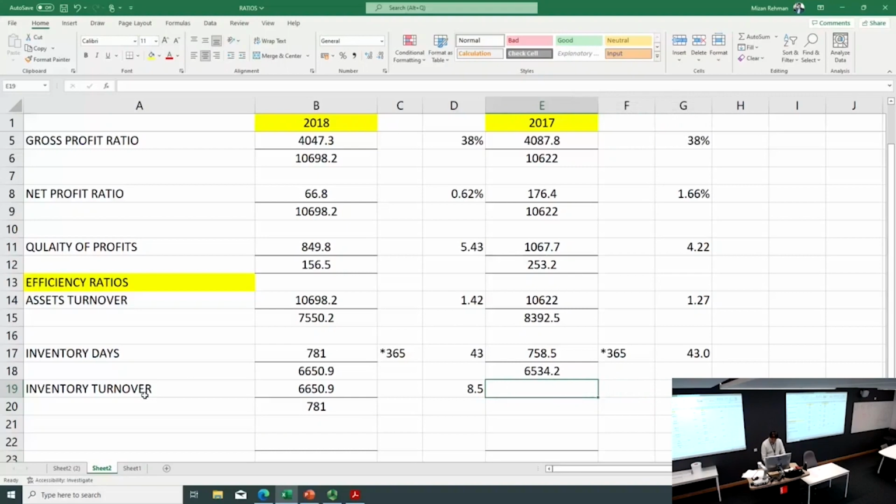It is 8.5 and 8.6 times. So M&S managed to sell their inventory 8.6 and 8.5 times a year. The higher the figure is, the better it is.